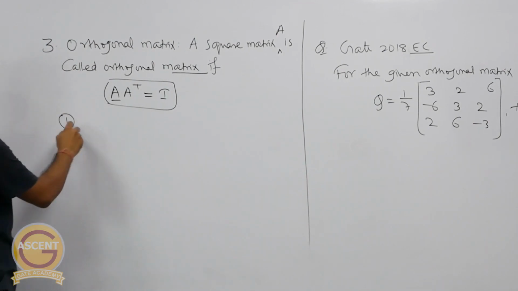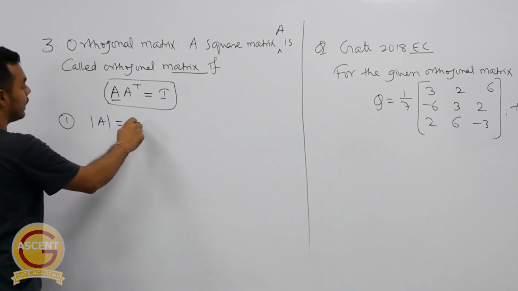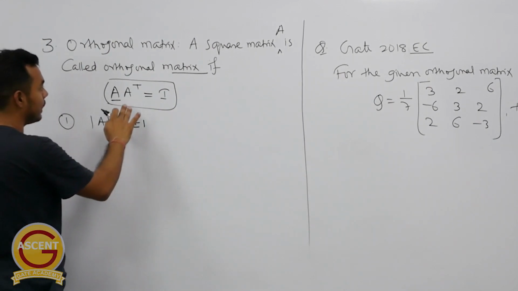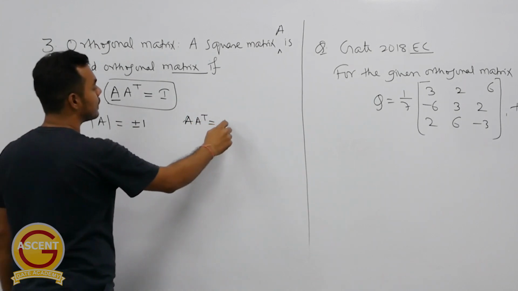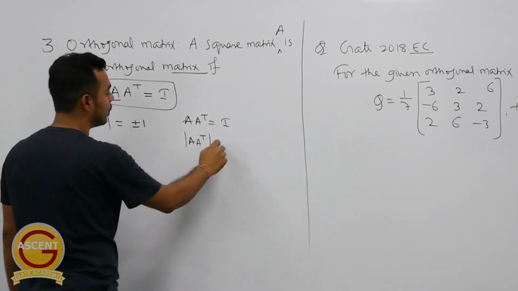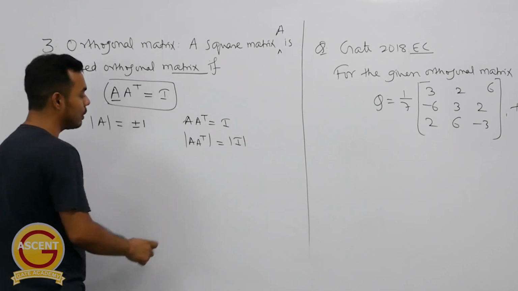The first one is if you calculate the determinant of any orthogonal matrix, then either you will get +1 or -1. So this is first property, and this you can easily prove. If A is any orthogonal matrix, then we know that A into A transpose will be identity. If I take determinant on both sides, then I will get determinant of A into A transpose equals determinant of identity.